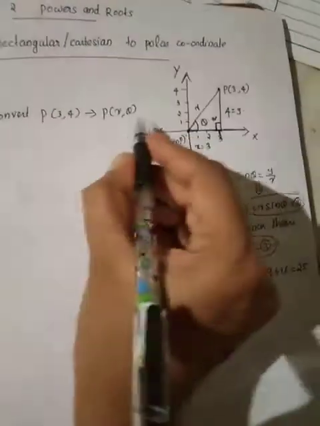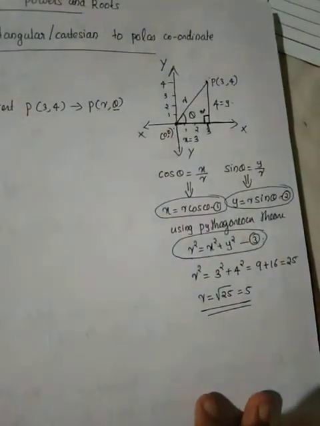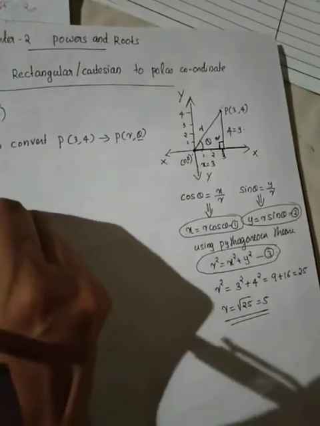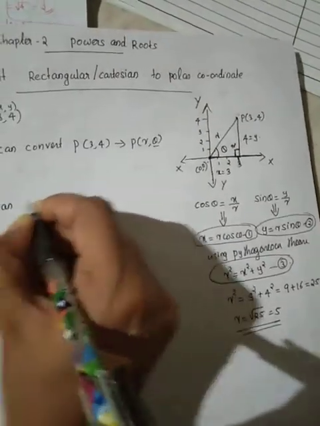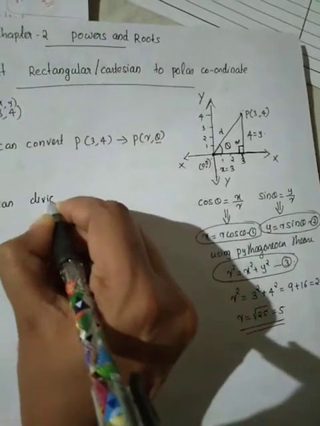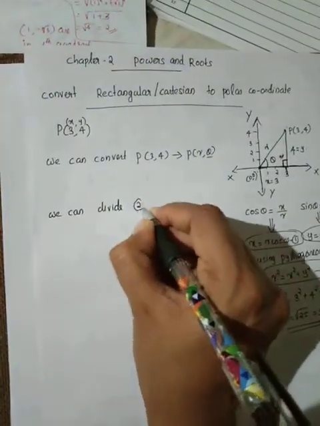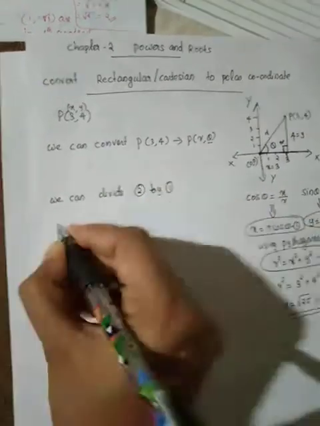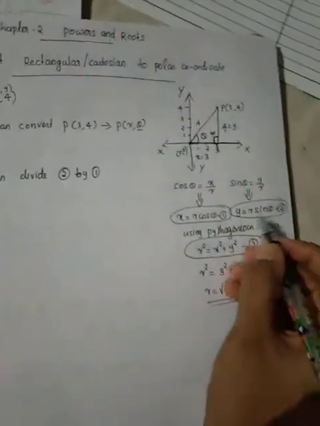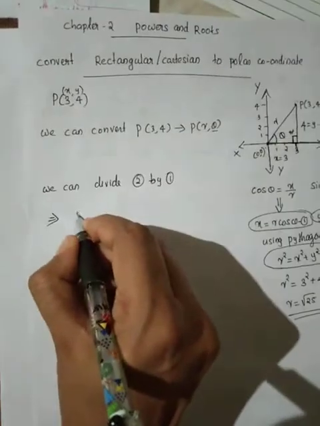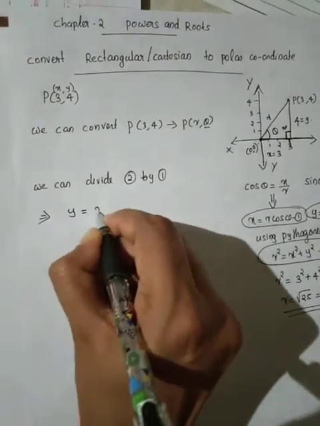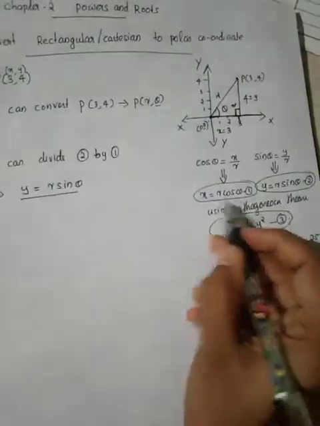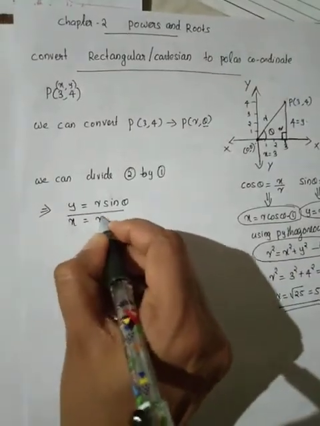Then next we can find the value of theta. We can divide the second equation by the first equation. The second equation is y equal to r sin theta, divided by x equal to r cos theta.